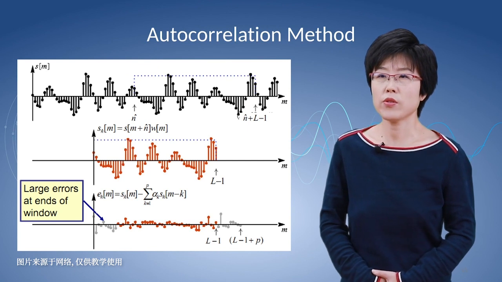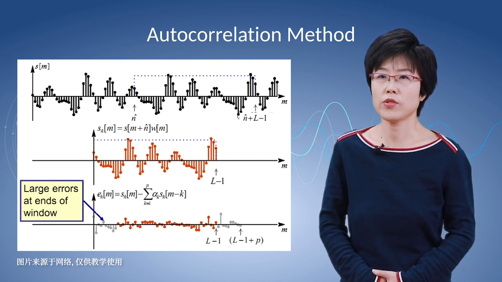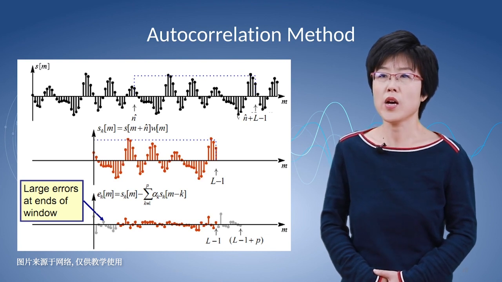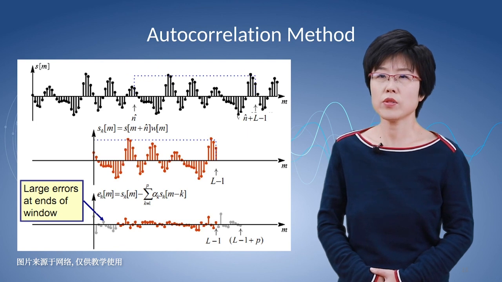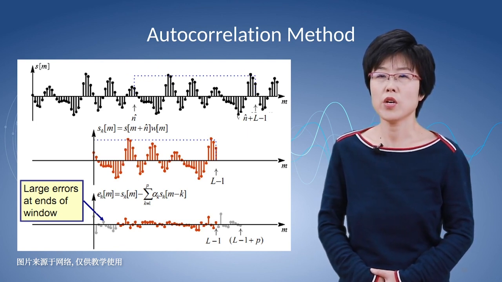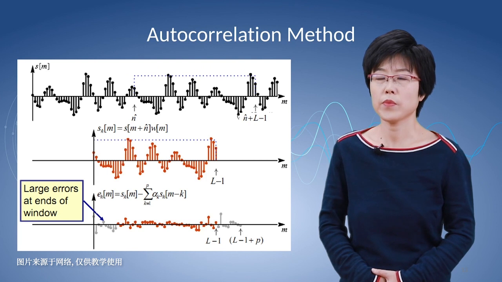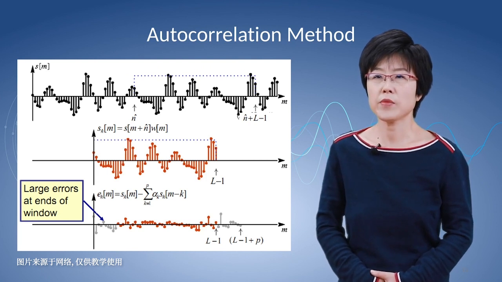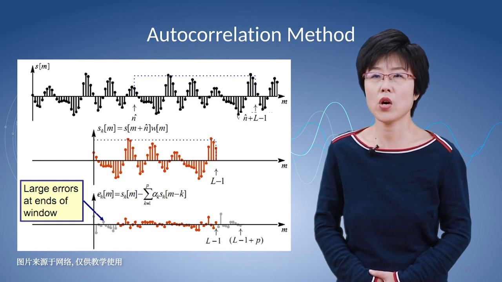The prediction error e_n(m) is also defined for the range m from 0 to L-1 plus p. Large errors can be found for the ranges with m from 0 to p-1 and m from L to L-1 plus p. We can see from the figure that large errors occur at the ends of window.